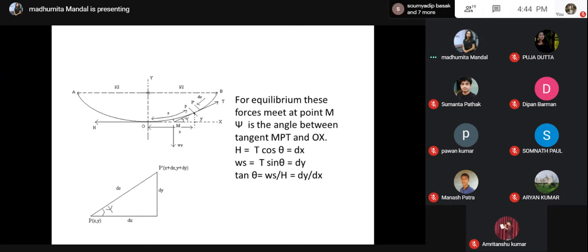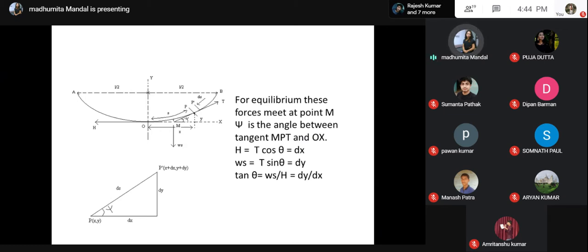Let us consider this angle as theta. At this point, in equilibrium condition, H will be equal to T cos theta, and Ws will be equal to T sin theta.